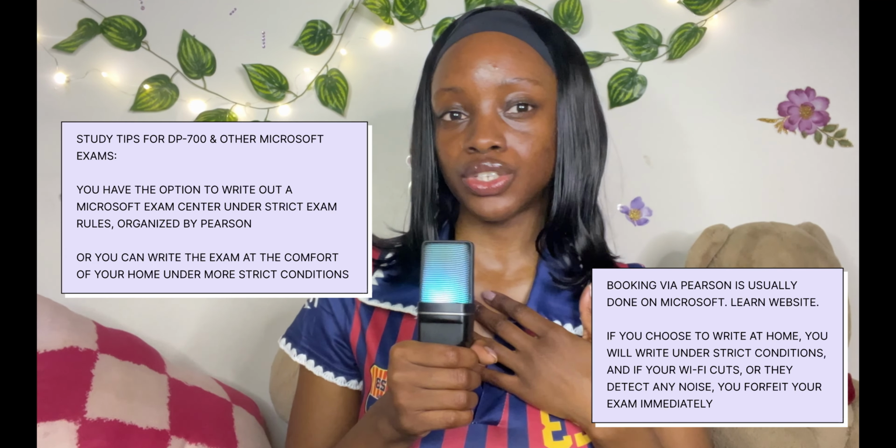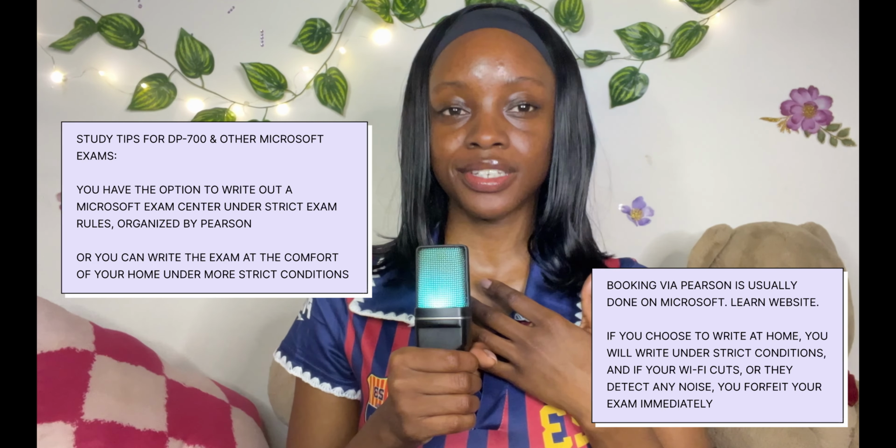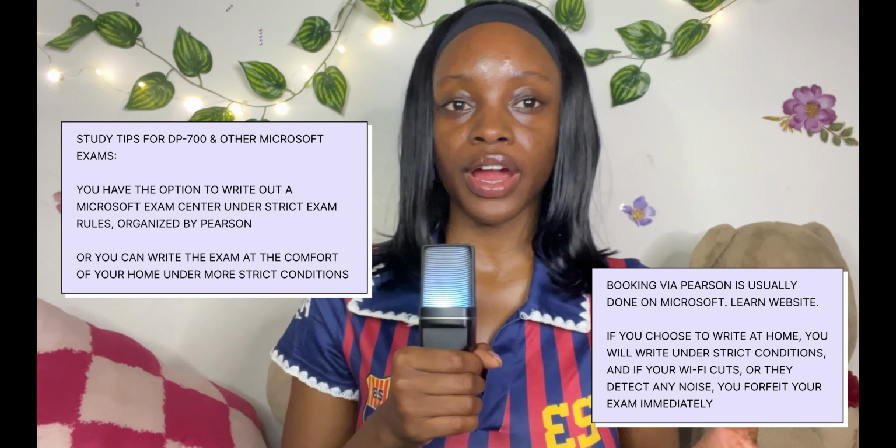That's why I prefer to go to test centers, because it is a controlled environment. They make sure that there's no distractions, and it's just easier that way, because if anything goes wrong at a test center, they're more likely to be lenient and give you more time or reschedule you for another day.